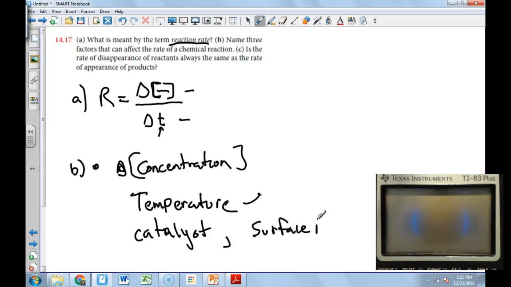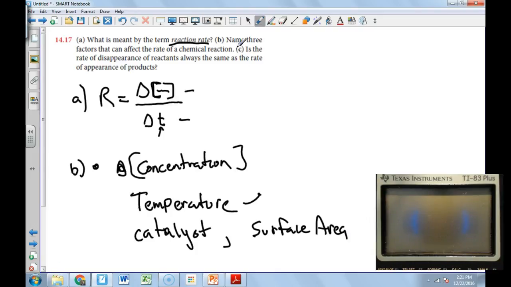Since there are more places for the reaction to go and react upon, the reaction rate will be affected. Typically, it'll be affected up.